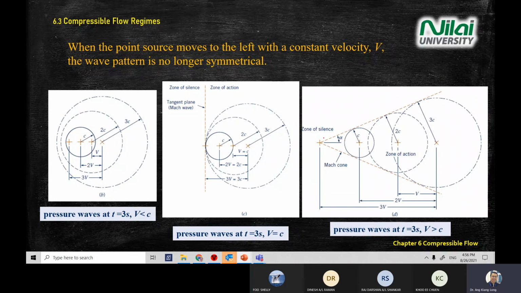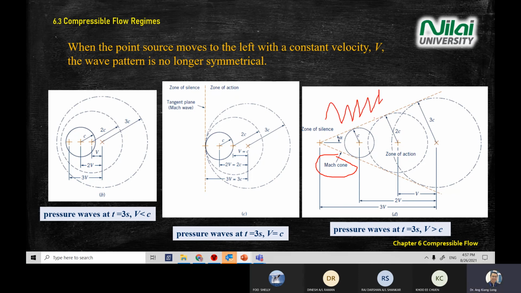Next, another interesting phenomenon, when you are moving faster than the speed of sound. When you're moving faster than the speed of sound, you will meet a phenomenon called the Mach cone. What do I mean by Mach cone?